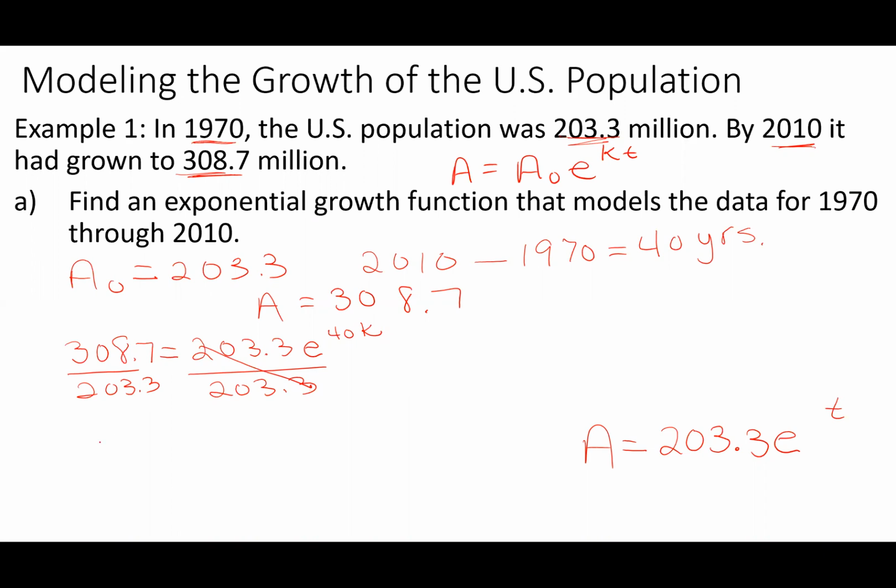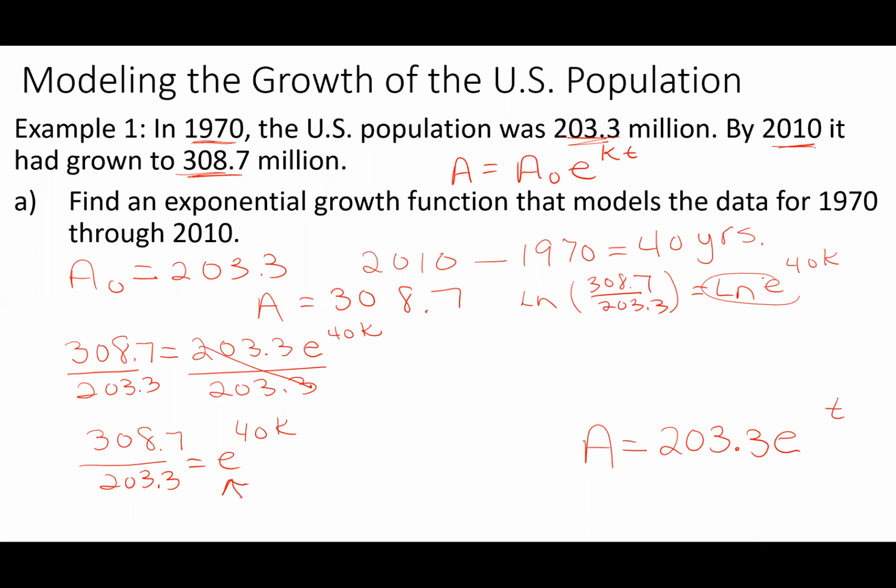Okay? So now I have 308.7 over 203.3 equals e to the 40K. Remember, when you have an e here, you want to do the natural log of both sides. So, natural log of 308.7 over 203.3 equals the natural log of e to the 40K.